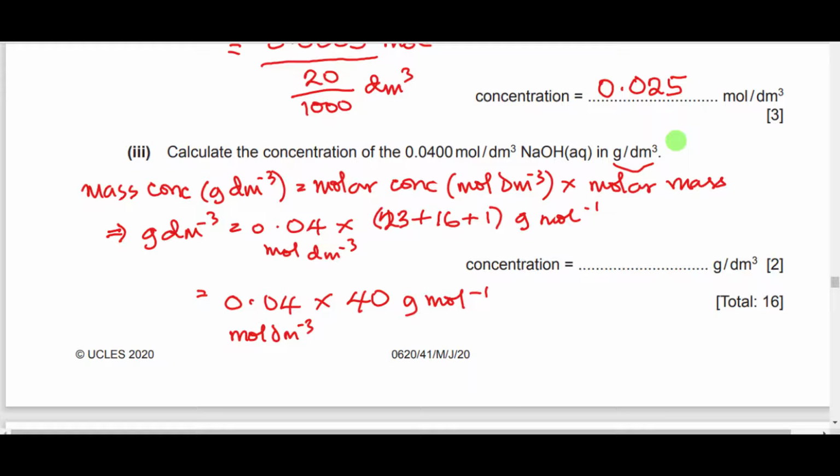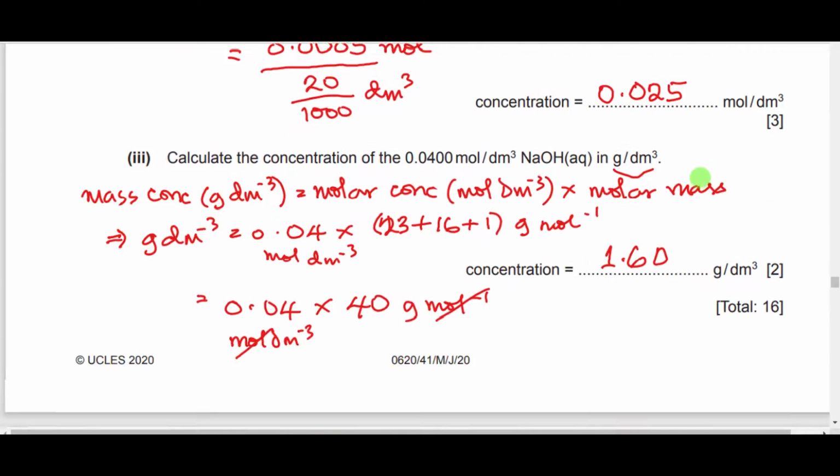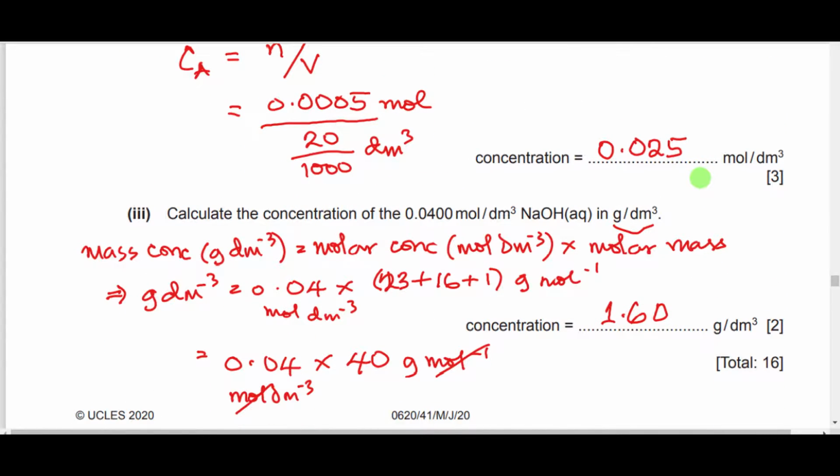If we evaluate this, we are left with grams per dm³. So 0.04 times 40 gives us 1.60 grams per dm³. Remember, when you're writing the concentration in moles per dm³ and grams per dm³, you must always write them in 3 significant figures.